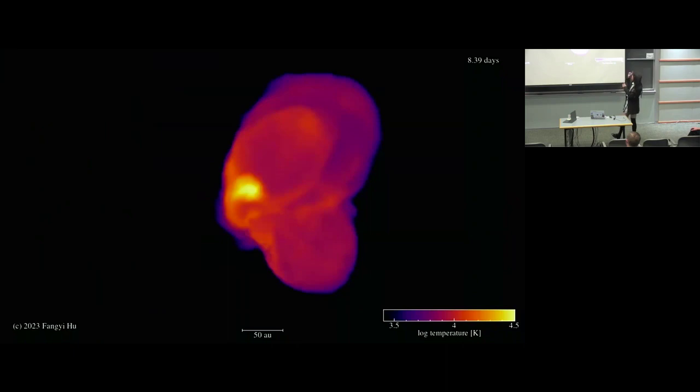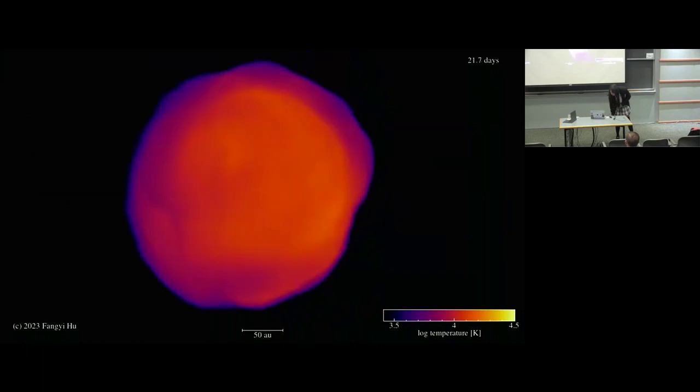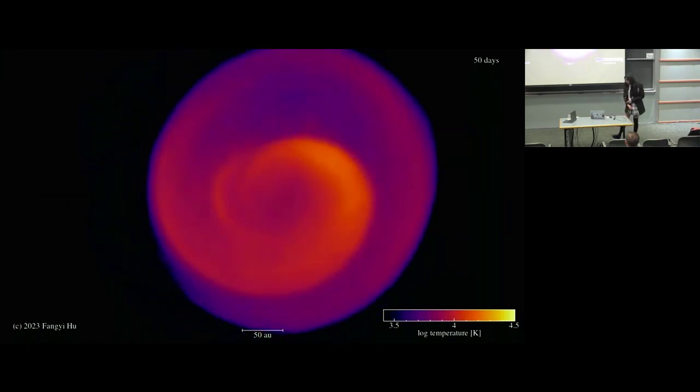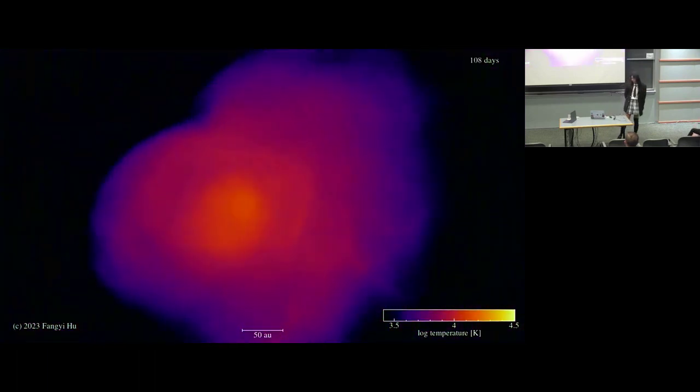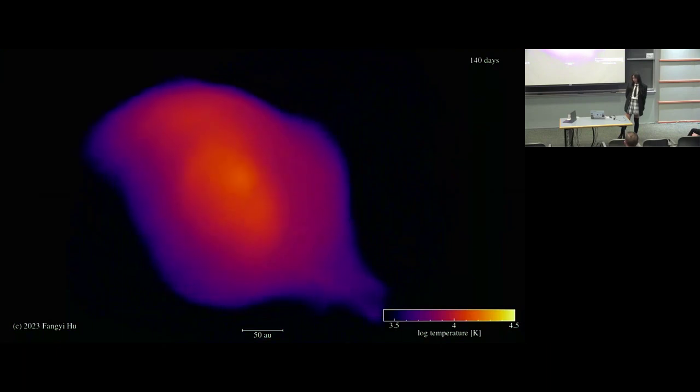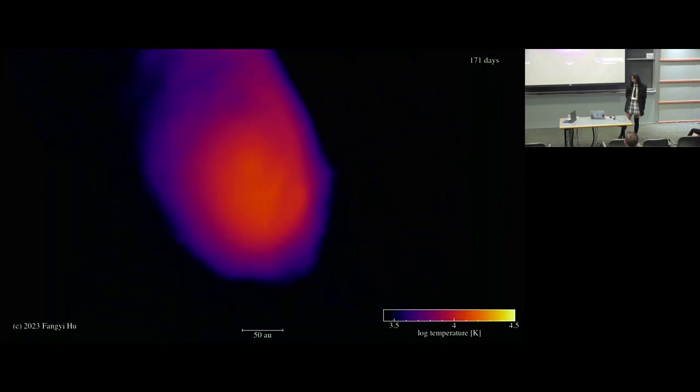That's about 8 days for a pericenter beta 5 TDE, so pretty fast. And then as it goes, we get some sort of breakout here at 50 days, but after that, it kind of settled down and turns into some quasi-spherical thing.